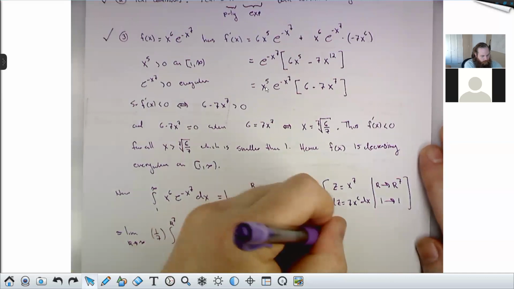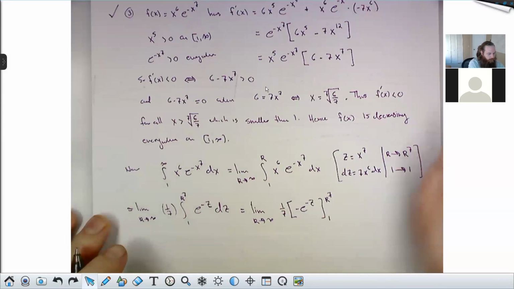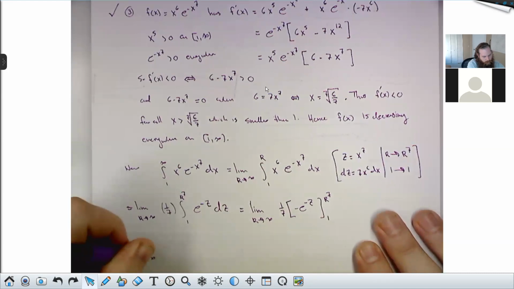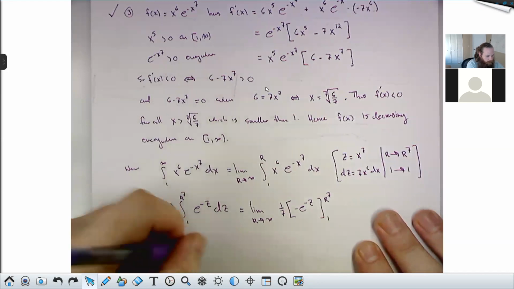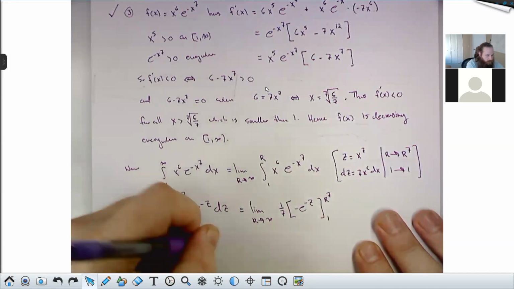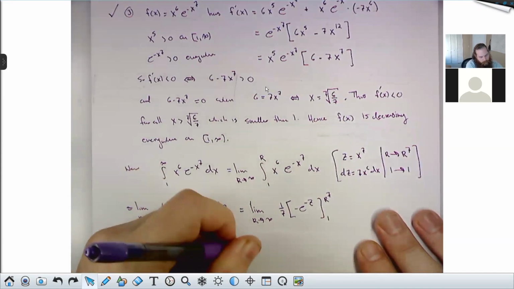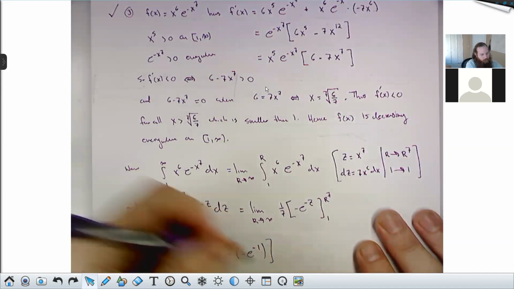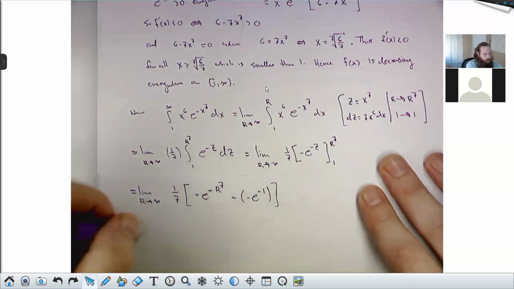So this is going to be, I'll do it down here, lim r to infinity, (1/7) times negative e to the negative r to the 7 minus negative e to the negative 1. Now as r goes to infinity, r to the 7 goes to infinity.